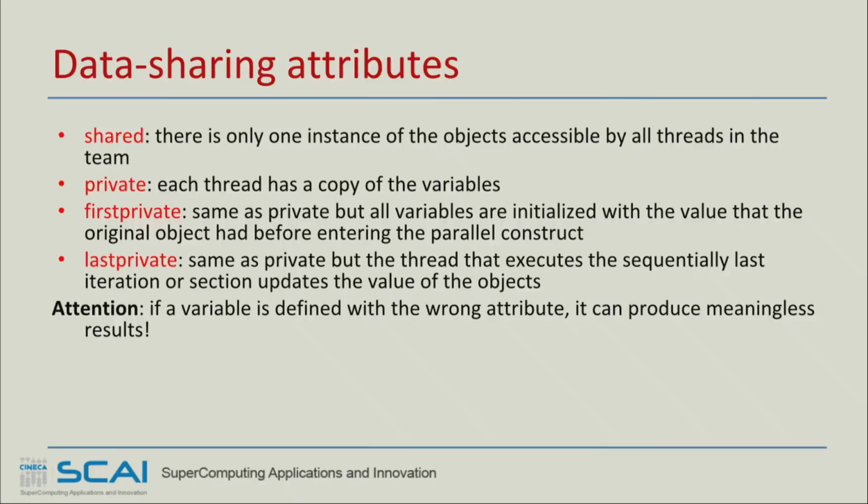So if I enter a parallel region, the value of the variable is not copied, just the fact that the variable exists. If I want to copy the value of the variable from outside the parallel region to inside it, I should use firstprivate. So firstprivate will tell that, okay, this is my variable, now it's private, but it has the same value as the shared variable outside the loop.